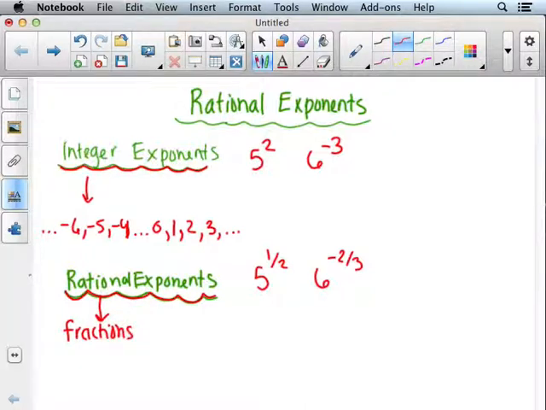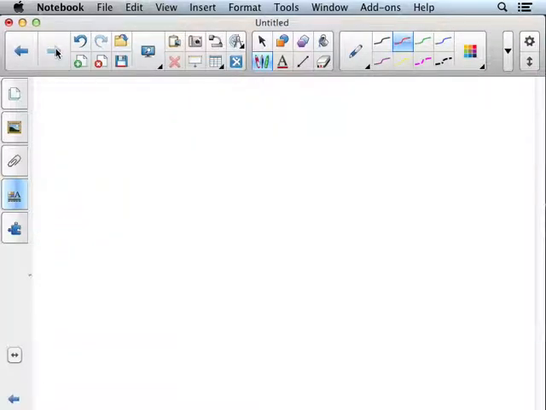Okay, so knowing that, let's start looking at what happens with rational exponents. We're going to start out with a definition. Basically, the definition says that if you have a to the power of, let's say, p divided by q, the top number represents your integer exponent and your bottom number represents the root.